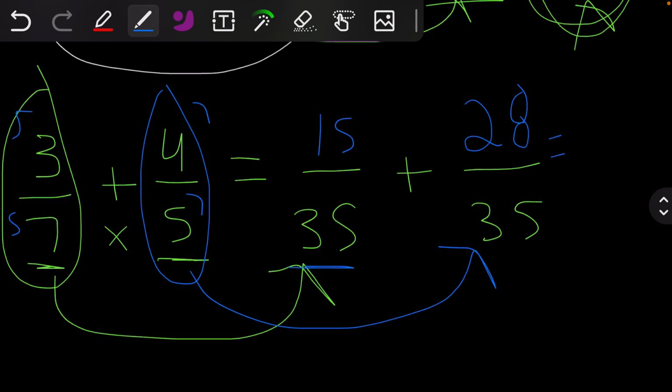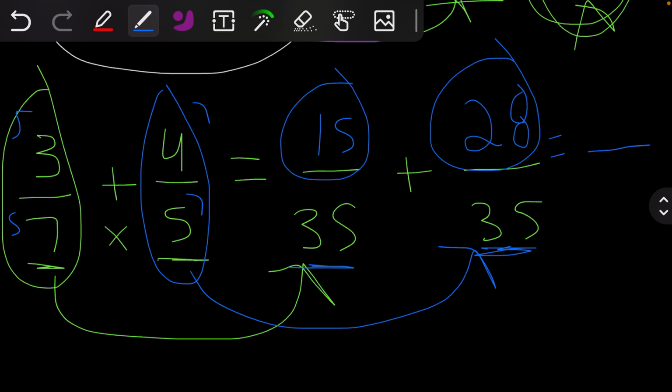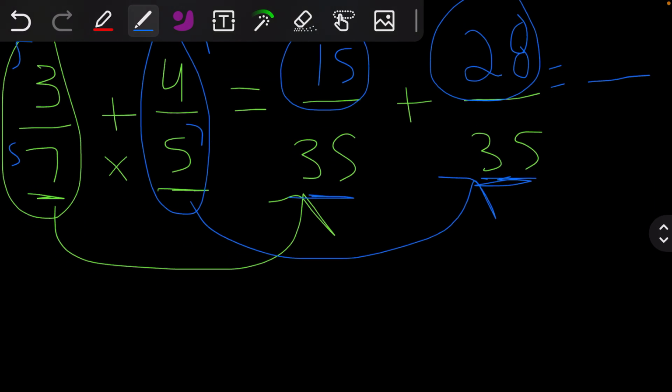And again, now that we have our two fractions cut up in the same amount of slices, and we made sure that our numerators were scaled up as well, now we simply add across. The denominator does not change.